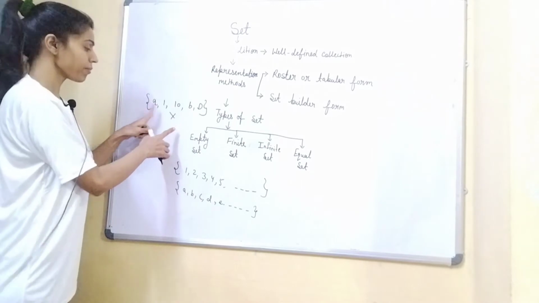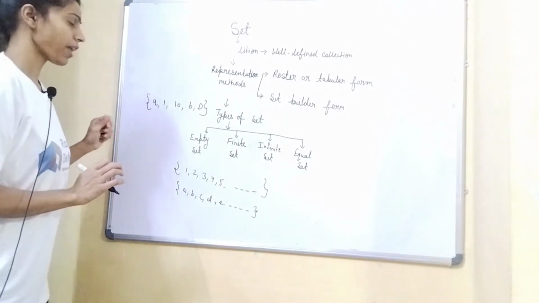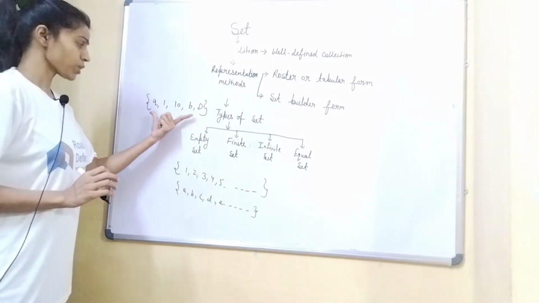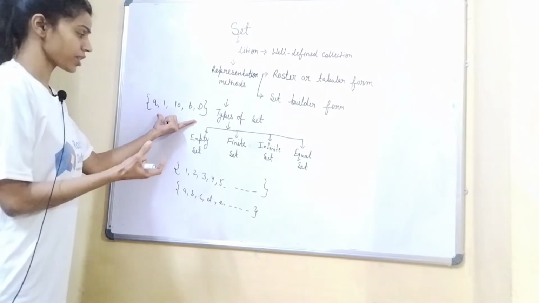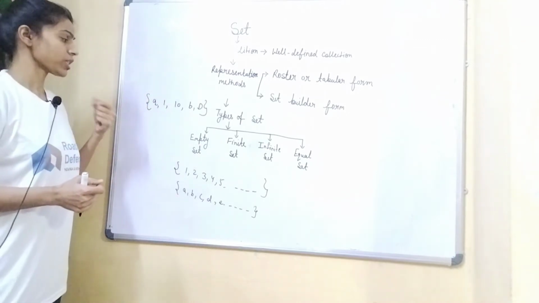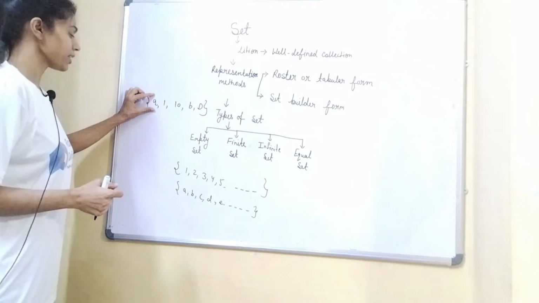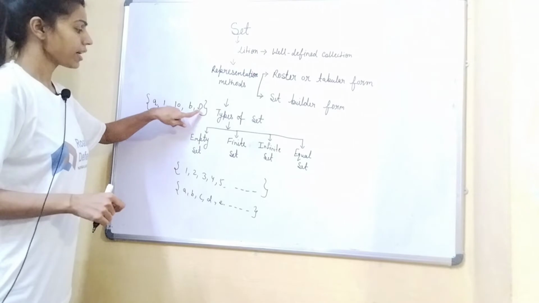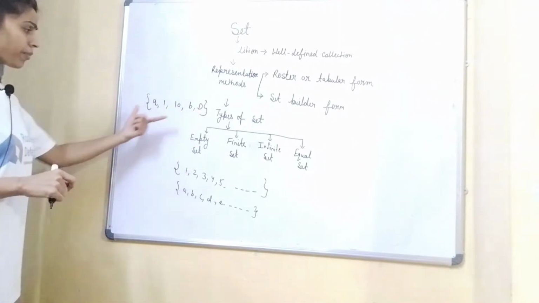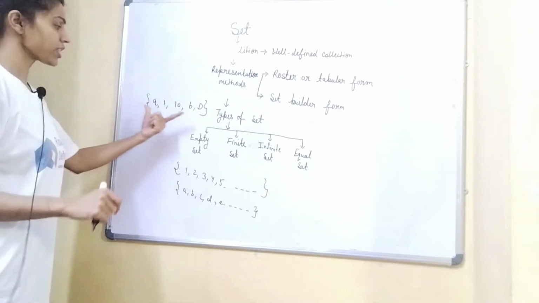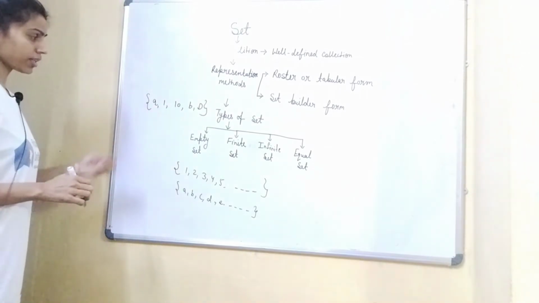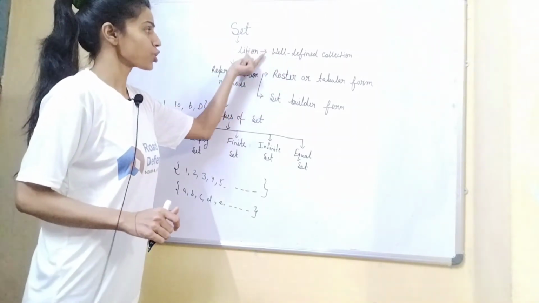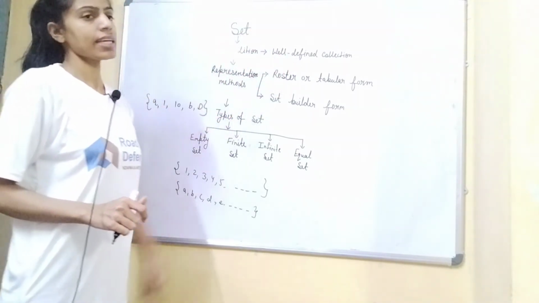This is not well-defined, because if I want to explain this collection in a statement, I cannot, because this is an alphabet, this is again a number, then this is 10, then an alphabet, then again a capital letter. So I do not have a single sentence in which I can explain this collection, right? So the collection should be well defined, then only it is a set, right?